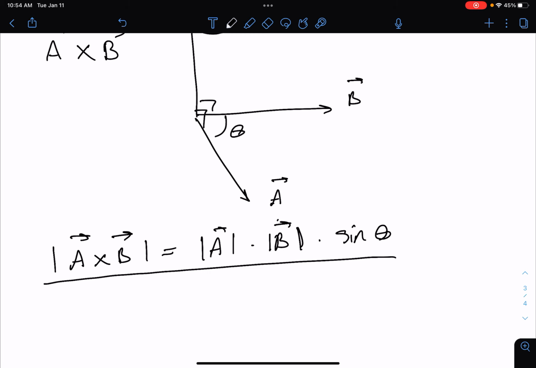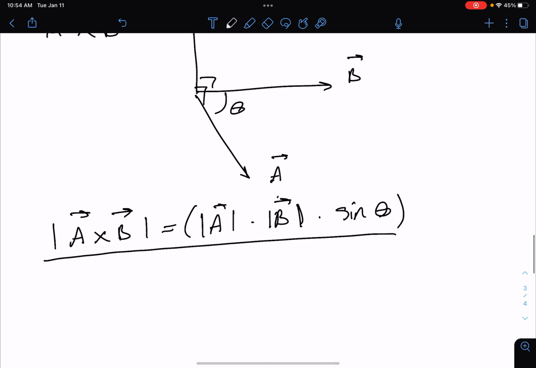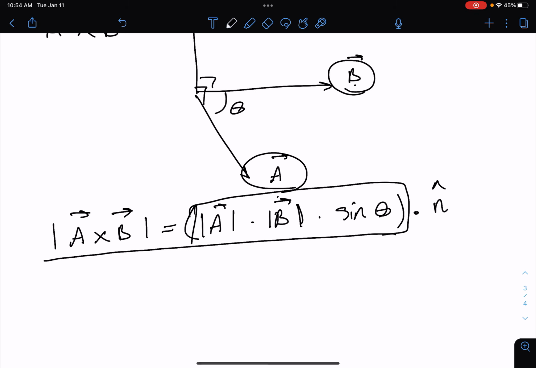We can actually present this in a vector form as well. Just multiply by the unit vector that is normal to both A and B. So you have to find this normal vector first, and then multiply it by this magnitude. You will eventually get the correct vector form.